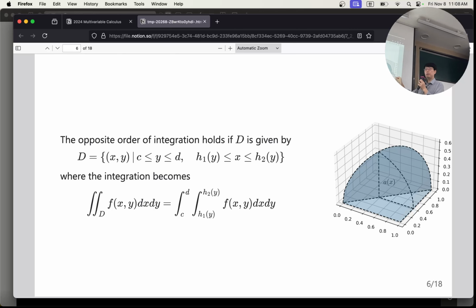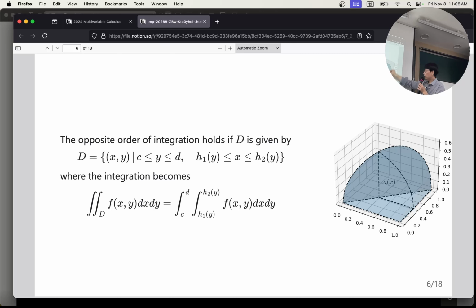When y is fixed, what's the lowest value of x? When you cut the slice, you get the section. Let's look at this line. You have the x coordinates lying on this line. So what's the minimum x here?